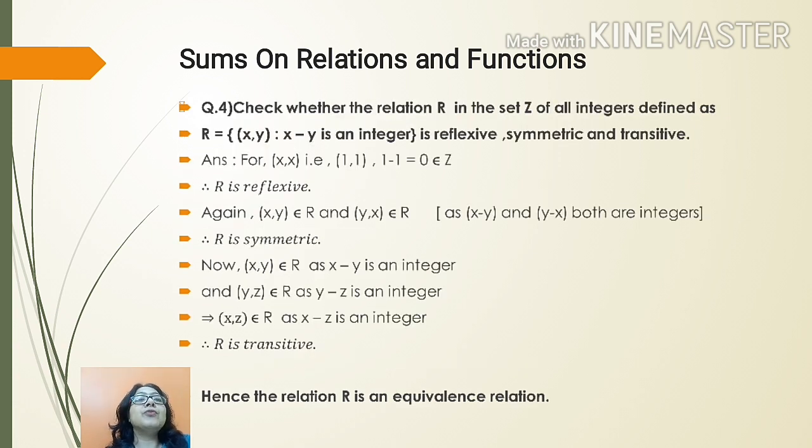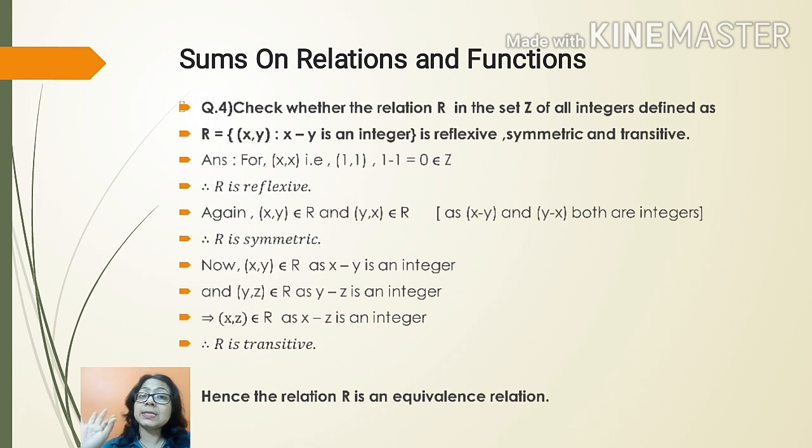Next question. For all x, y in Z, where Z means integers, relation R is equal to {(x, y)}, where x minus y is an integer. For (x, x), if we consider (1, 1), then 1 minus 1 is 0, which is an integer. So this first part is proved, that means the relation is reflexive. The second part, (x, y) belongs to the relation, that means x minus y is an integer. So (y, x) will also be in this relation, because y minus x is also an integer.